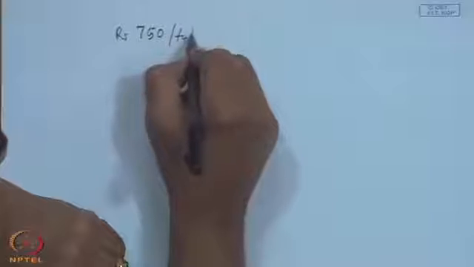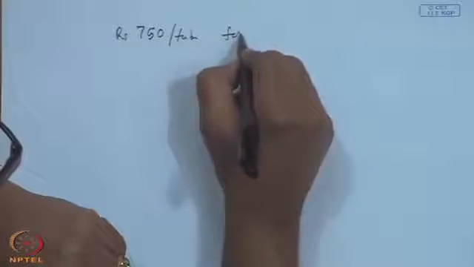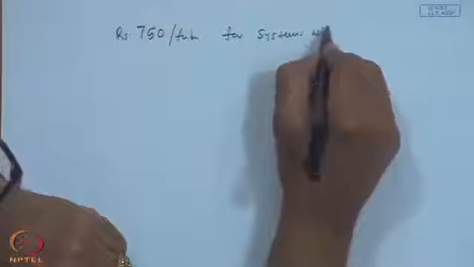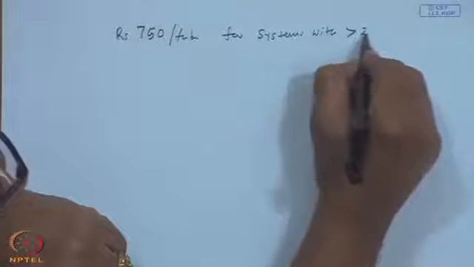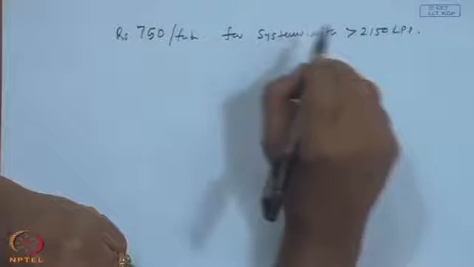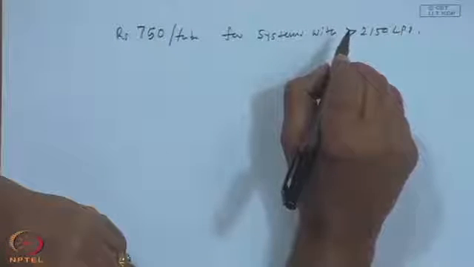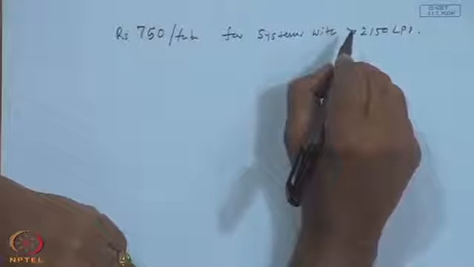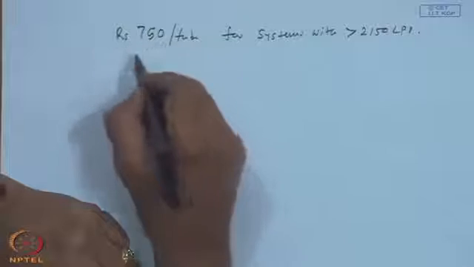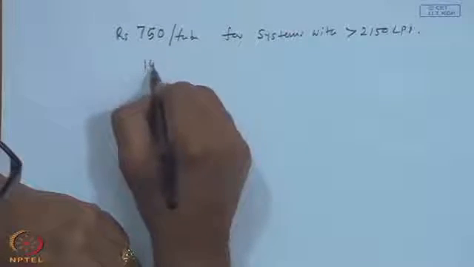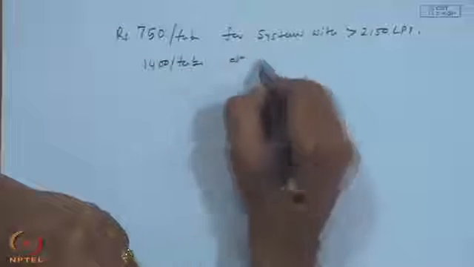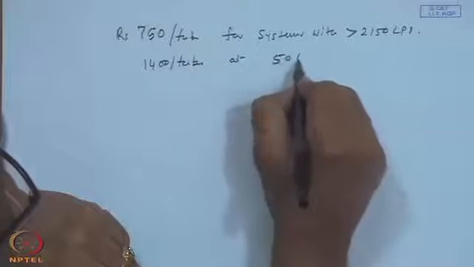So, 750 per tube for systems with greater than 2150 LPD. And if it is 7,100 for 50 LPD, this is about 1400 per tube at 50 LPD.